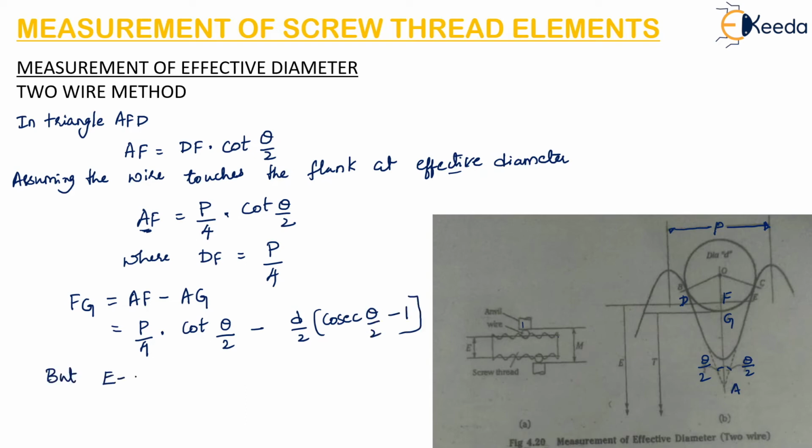But E minus T, that is effective diameter minus the dimension under the wire, is equal to 2 into FG. This is possible while we consider FG on either side of the thread.